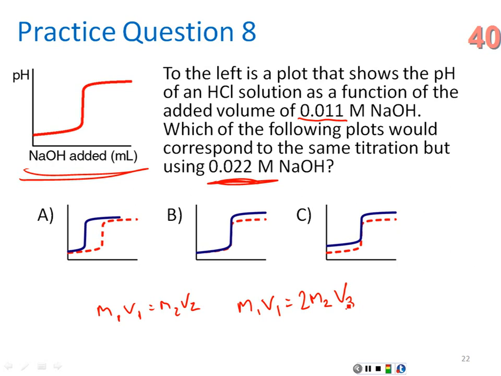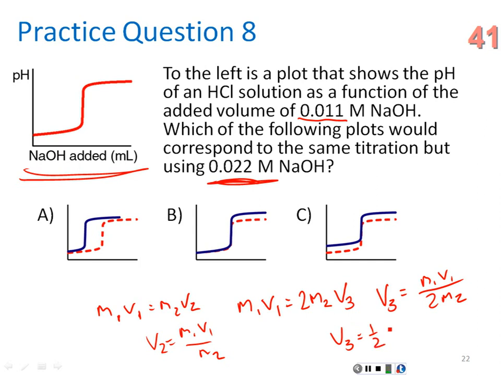Now what would that V3 be? It would be half as much. Because if we solve, V3 equals M1 V1 over 2M2. V2 is M1 V1 over M2. So you see that V3 is actually equal to 1/2 of V2.